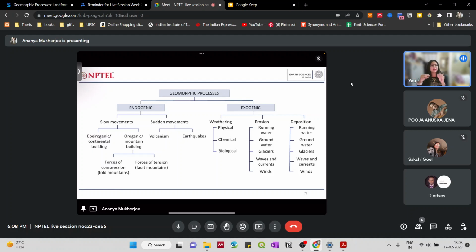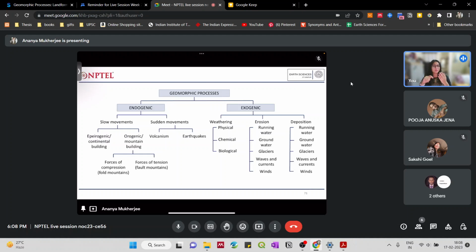So, they will be acting on earth material that is exposed over the earth surface. Mostly the agents which are causing these changes are natural. Right now, with the increasing population and population density and increasing demographic conditions, obviously man-made effects are also seen, but right now we will consider only the natural agents.